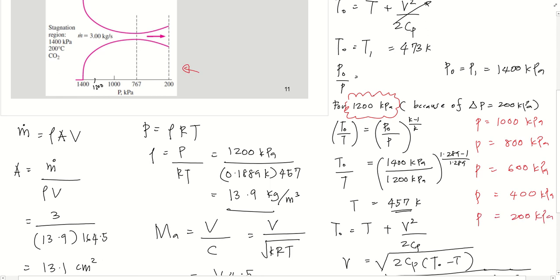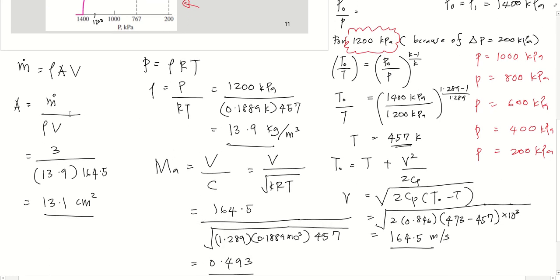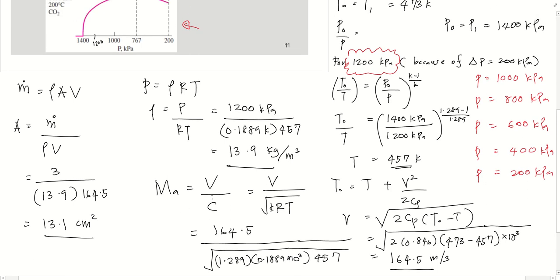That means you just repeat all these steps: find the static temperature, find the velocity, find rho, find the area, and then last you will find the Mach number.